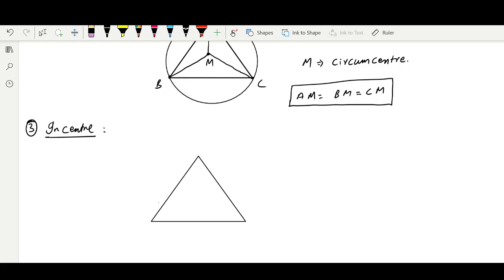Incentre is the center of the circle that is enclosed by the triangle, that is inside the triangle. So let me draw here.